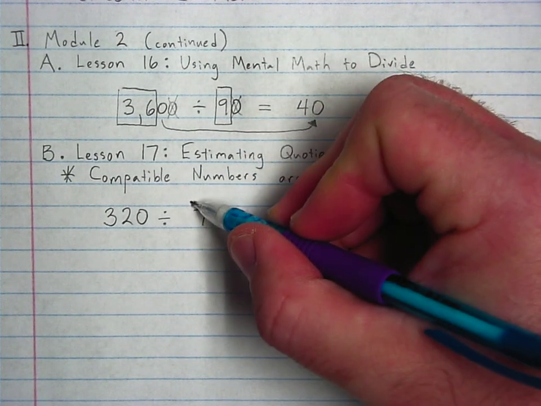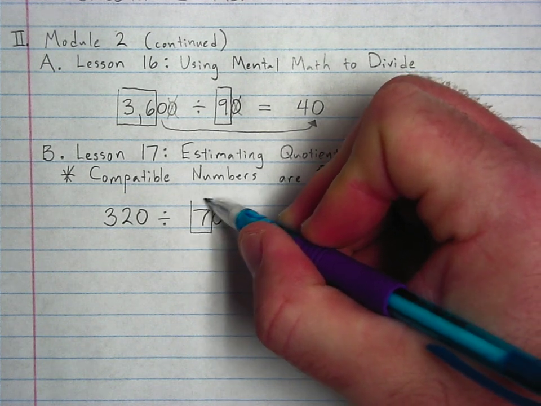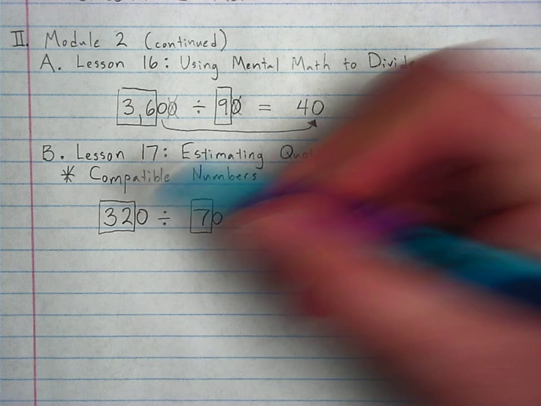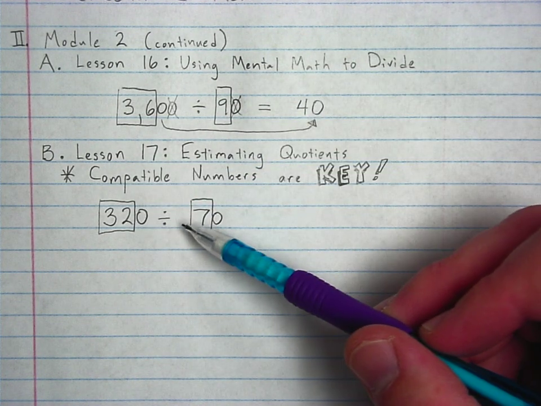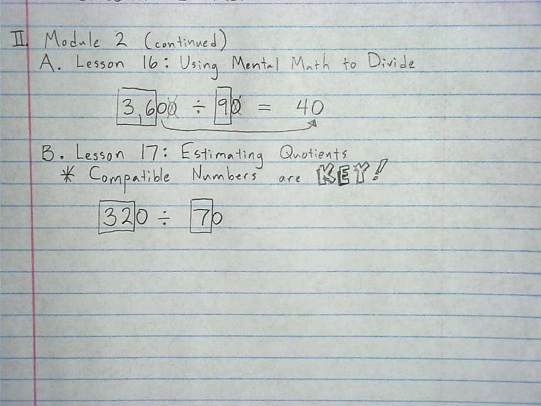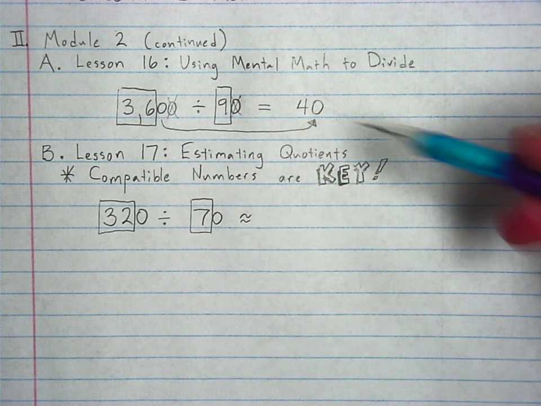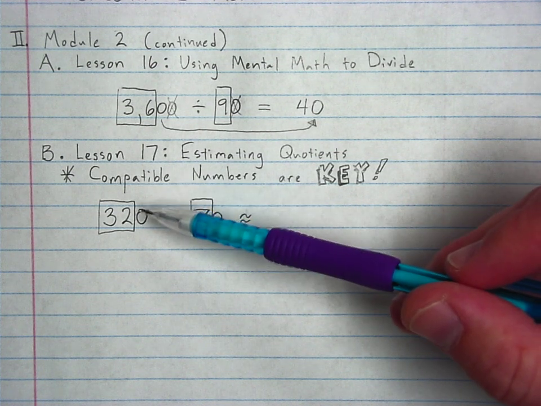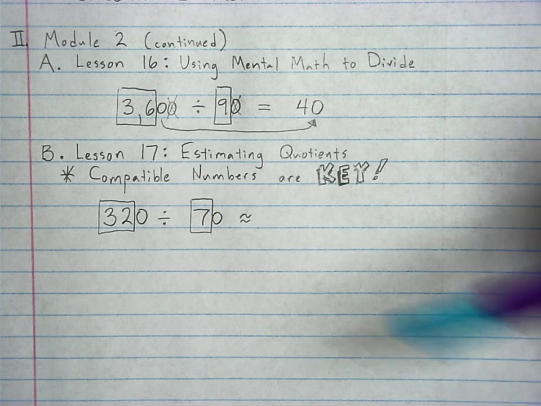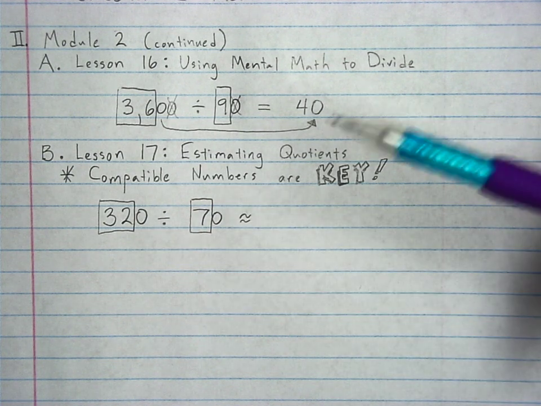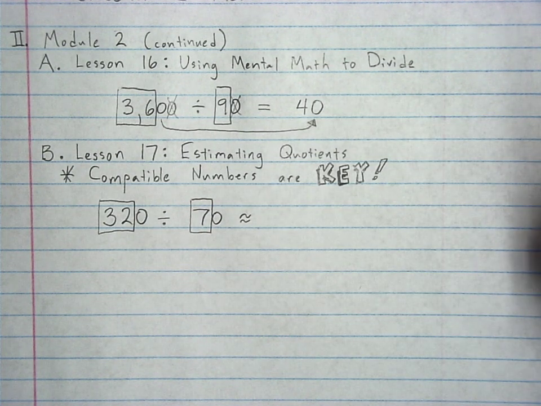Now, if I start the same way, box up the non-zero digits, 32 cannot be divided evenly by 7. So I need to think to myself, what multiple of 7 is pretty close to 32? Normal rounding, I would just round this thing to 300, but I cannot divide 300 by 70 either.